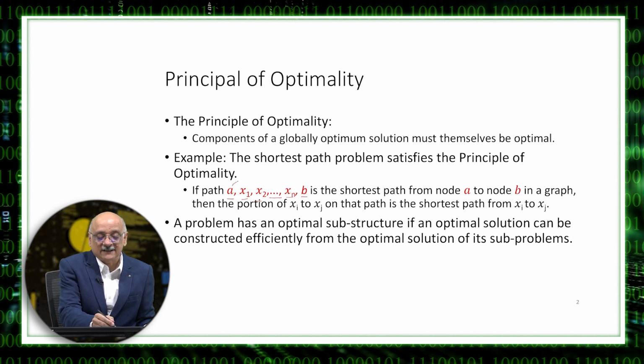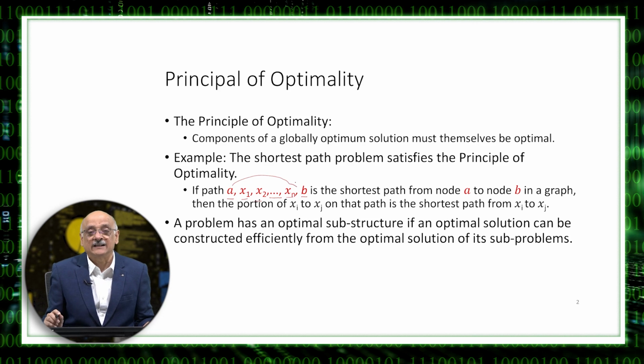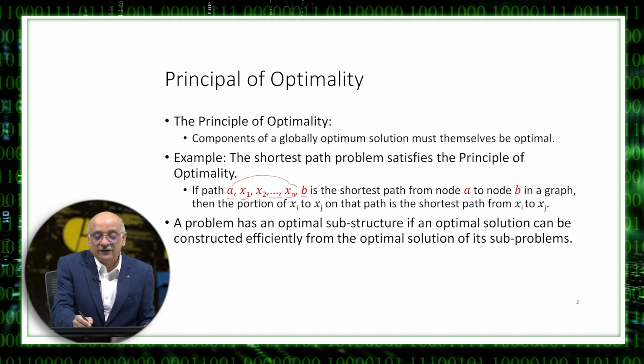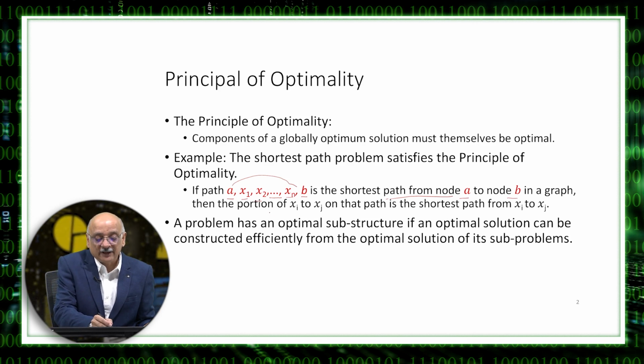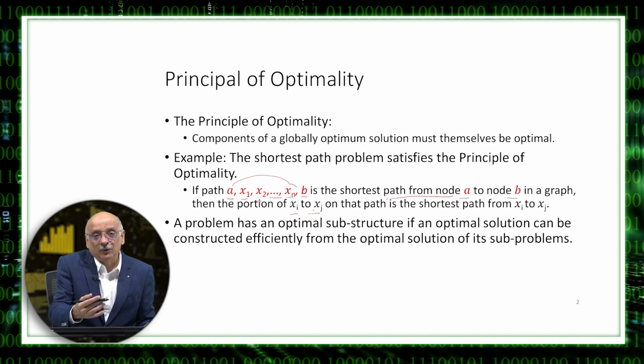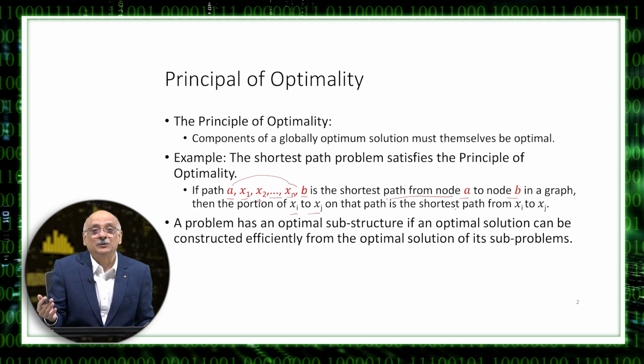Suppose this is the shortest path between two destinations, that is, the shortest path from node A to node B in a graph. Then any portion of the path, xi to xj, which may be from x2 to x5, let's say, is the shortest path from xi to xj.